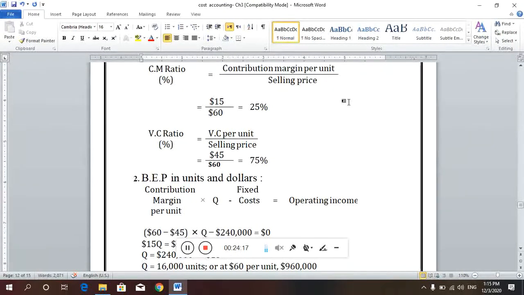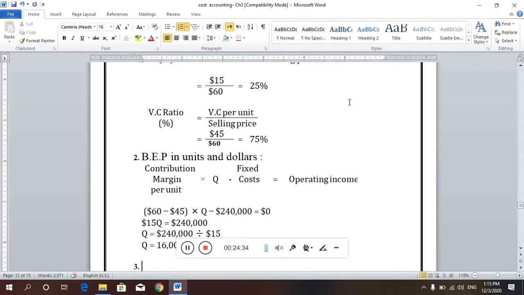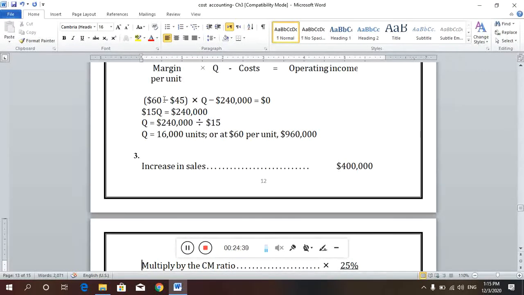The break-even point in units and in dollars by using the equation method: contribution margin per unit multiplied by Q, which is units sold, minus fixed cost equals operating income. As we compute the break-even point, the operating income will be 0. So we solve this equation, and Q, the number of units, will equal 16,000 units.